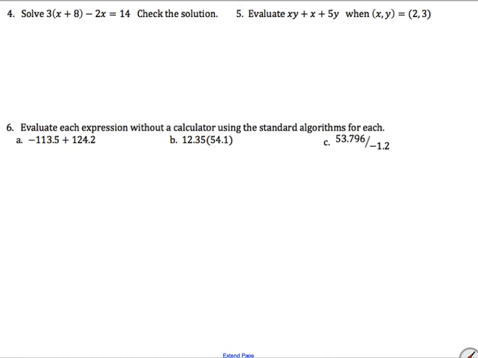Okay, number 4, you're going to solve a multi-step equation and check your solution. Number 5, you're going to plug in the numbers 2 and 3 for x and y, and then simplify using the order of operations. Number 6, you're going to evaluate each not using a calculator. It looks like you get to do addition, multiplication, and long division.